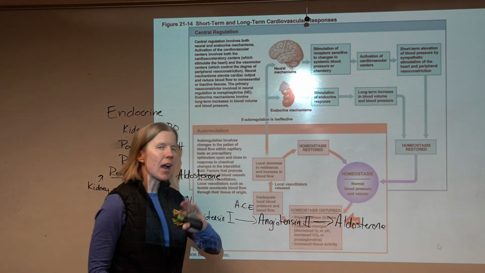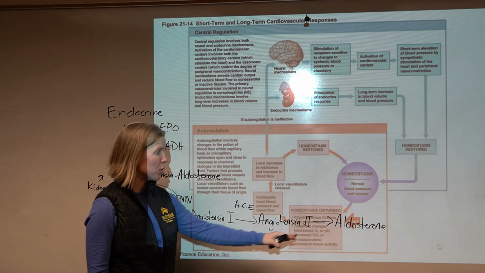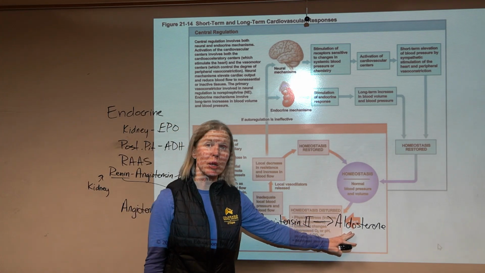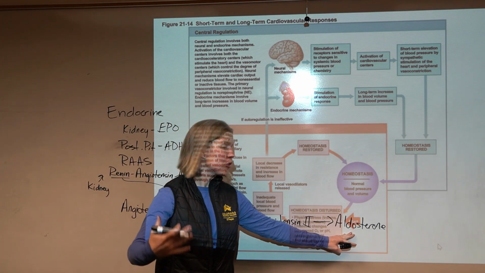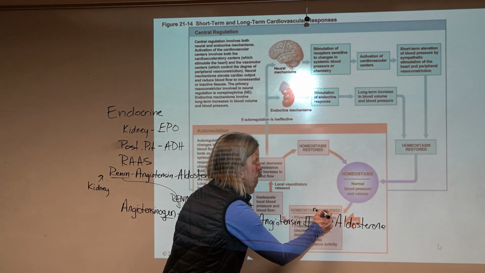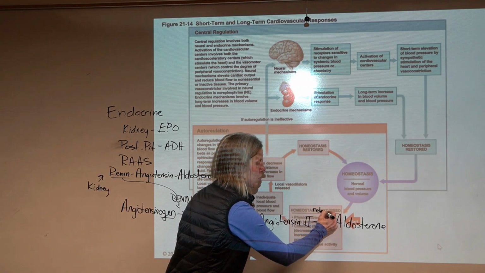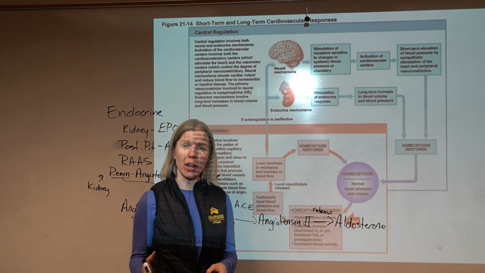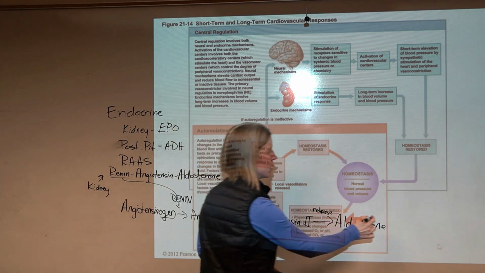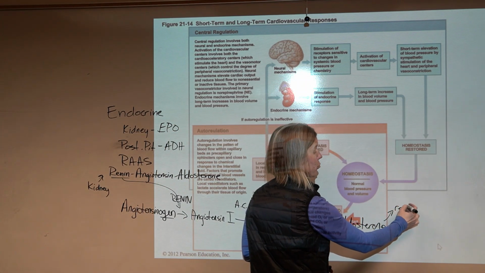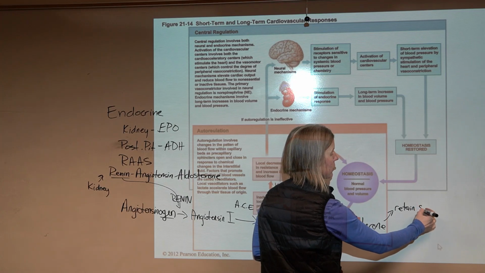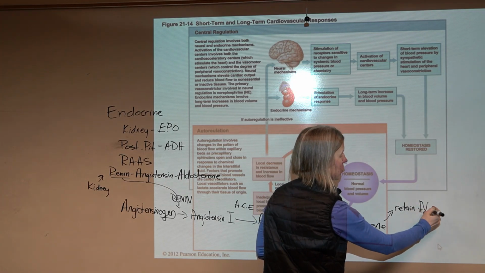So it's not converted to aldosterone, but if you recall aldosterone being produced in the adrenal glands, it's going to trigger the release of aldosterone. Aldosterone tells us to retain sodium, right?